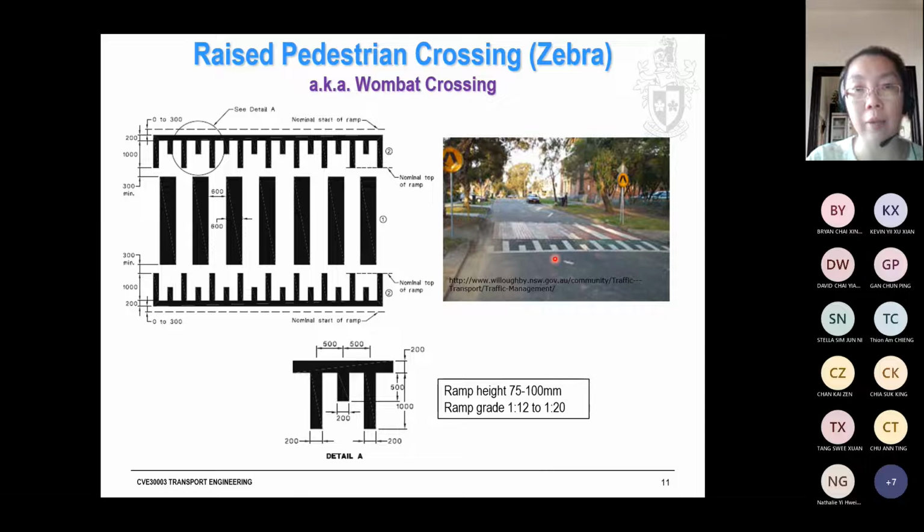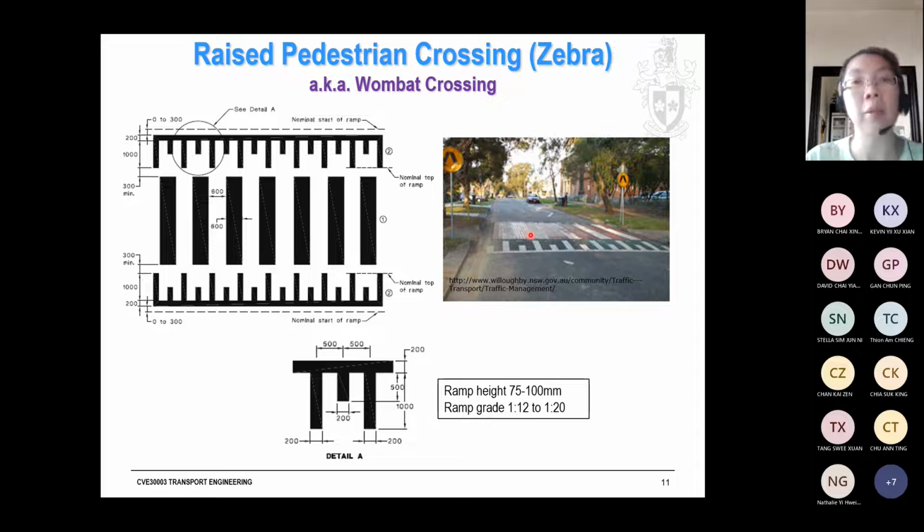So we are forcing the drivers to slow down. With a zebra crossing, it's flat on the road, at the same level as the road. Drivers may not notice the pedestrians and may just drive forward.